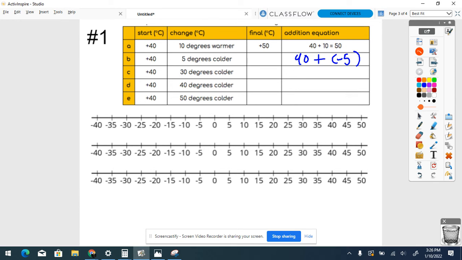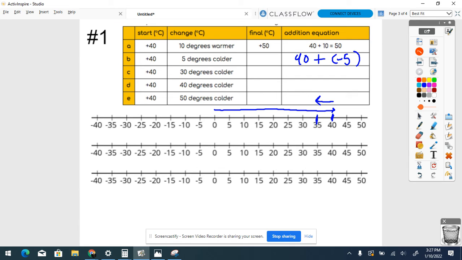And then let's go ahead, let's put this on the number line. So I know I'm going to start with 40, right? So the arrow is going to go from 0. It's going to point to 40 for my starting point. And then 5 degrees colder. So I'm going to go -5. I'm going to go to the left 5. Notice here, 1 tick is 5.